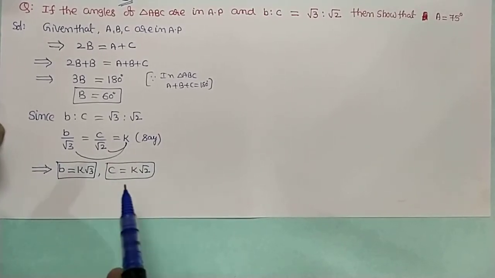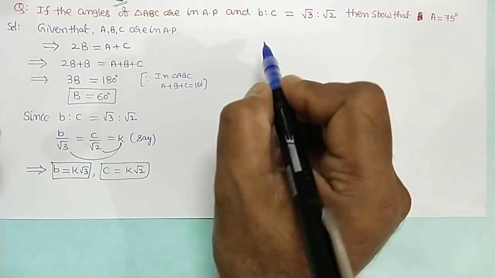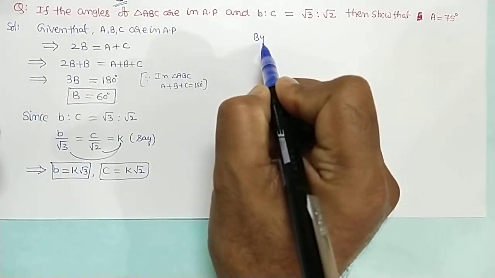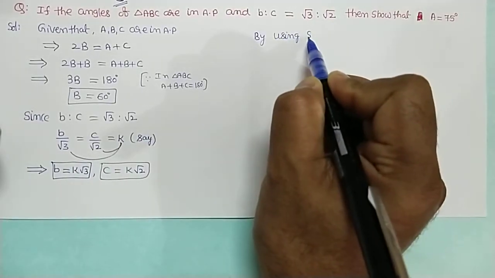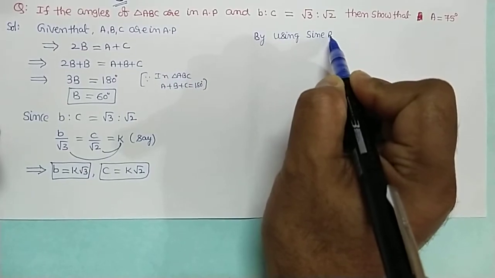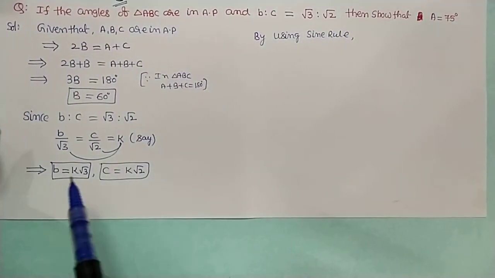After getting these values, by using sine rule, here b and c only are there, no?